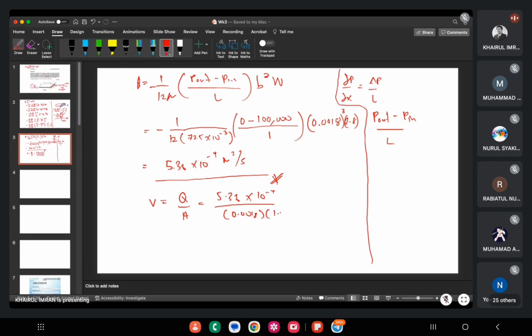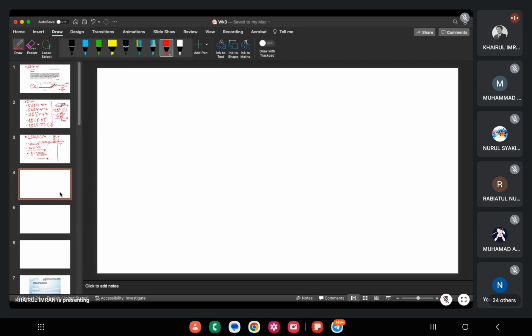The width is 1.8. Calculate, so you need to get your V. Next, to calculate the Reynolds number, Re equals rho V B divided by mu.